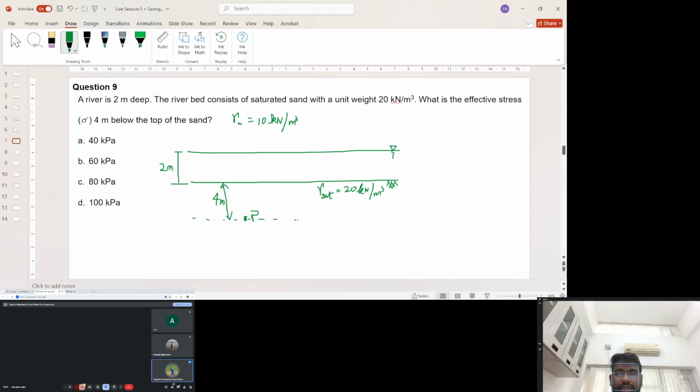Always, in the initial practice, when you are newly exposed to this subject, try to compute in terms of figures. So you draw the profile. This is the reference. Now at point 0, first we can draw the total stress.